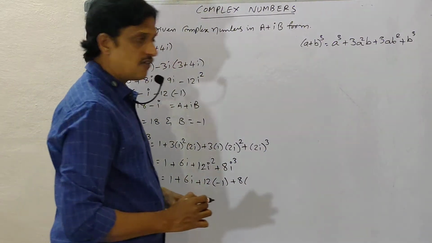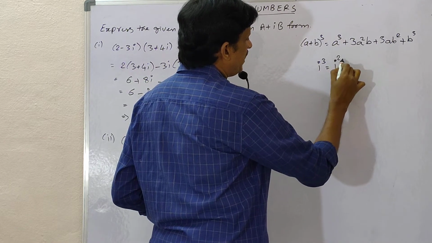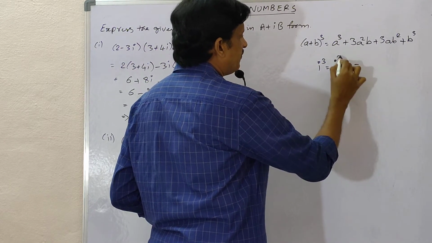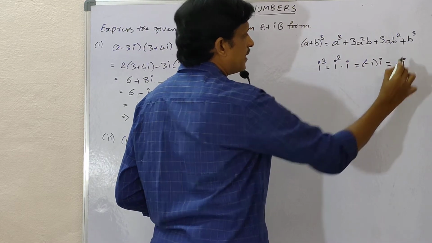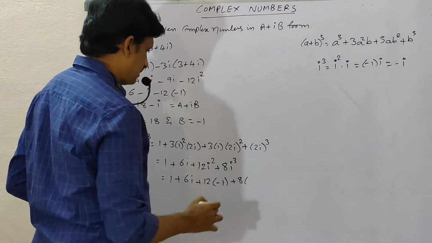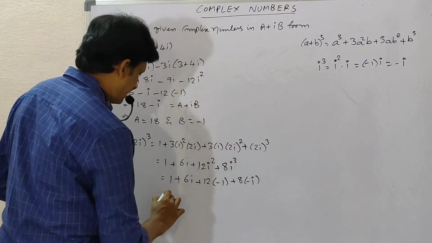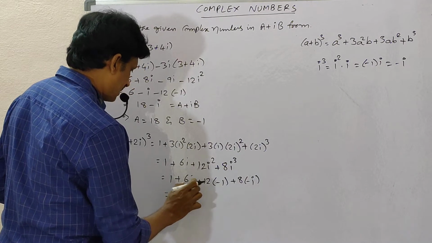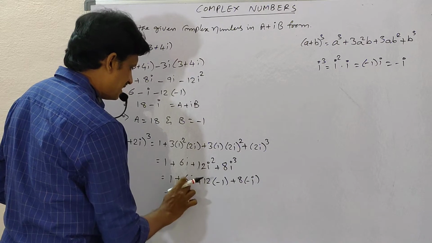So what is the value of i cube here? I cube means you can write i square into i. But we know that the value of i square is minus 1. So minus 1 into i will be minus i. So i cube is minus i. So then we are getting the required result, that is 1 minus 12, which will be minus 11.